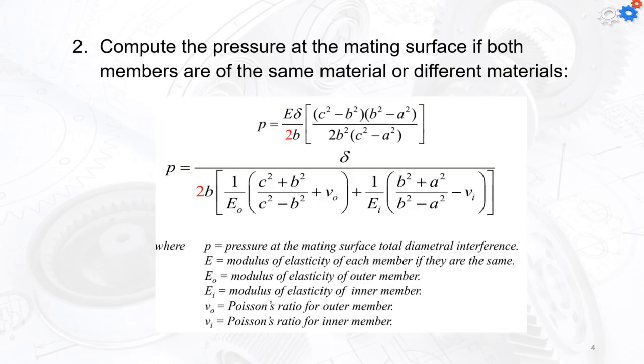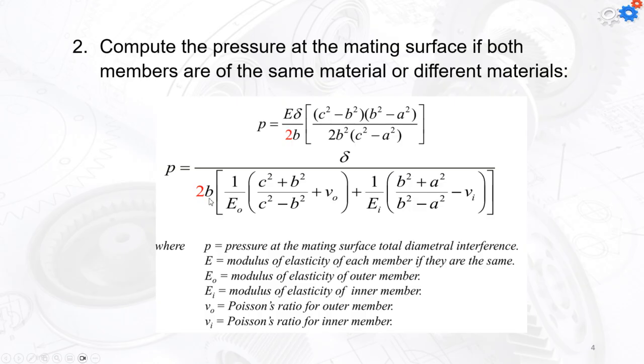Step number 2 is to compute the pressure at the mating surface of both members, of the same material or different materials. When both have the same material, the main equation is reduced to this part only, because E is going to be the same. E is the modulus of elasticity, P is the pressure at the mating surfaces, and nu over here is the Poisson's ratio that we talked about earlier.